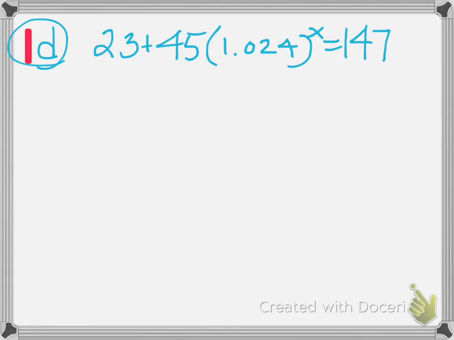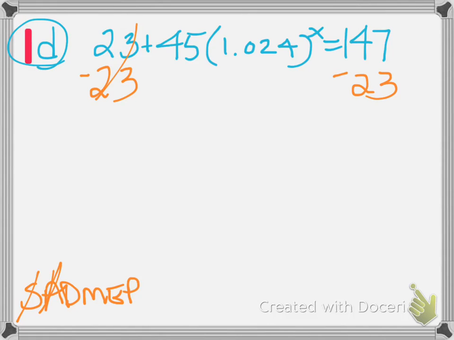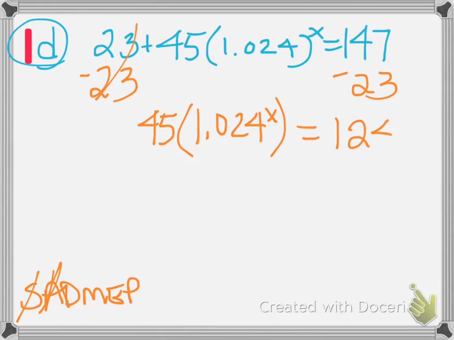Okay, so again, start by getting rid of your algebra stuff first, or order of operations backwards, so SADMEP backwards. I don't have any subtraction. I do have addition. I have plus 23, so I'm going to get rid of that first. That goes away, leaving me with 45 times 1.024 to the x, which equals 124.